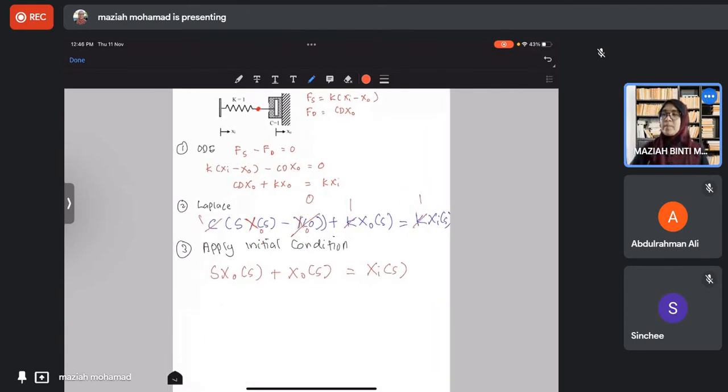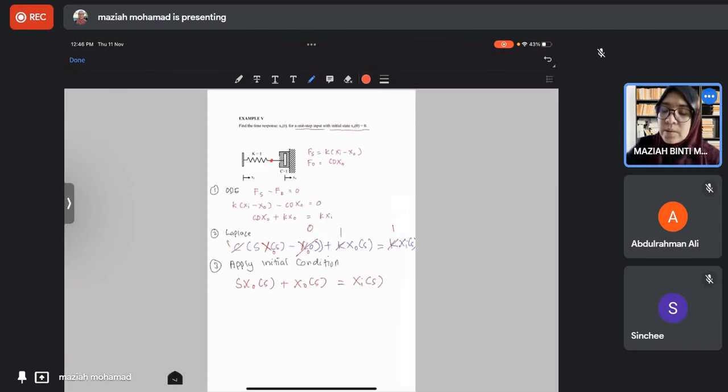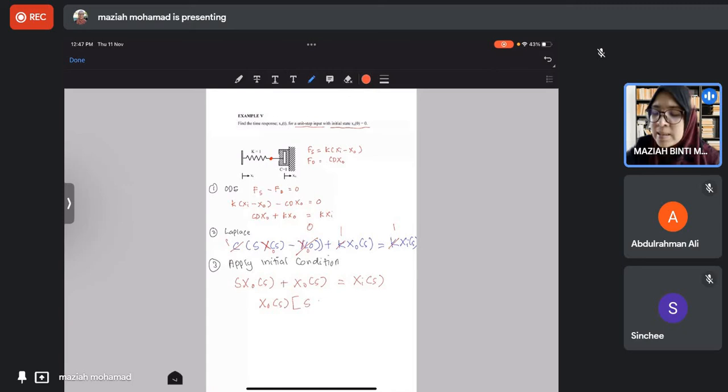Now before we can apply the step input, we have to write it in terms of the transfer function. It becomes X naught(s) times (s plus 1) equal to Xi(s).